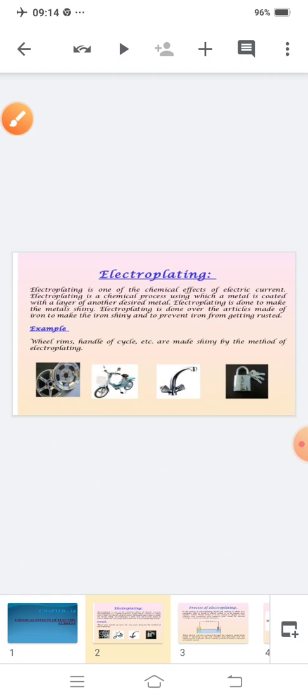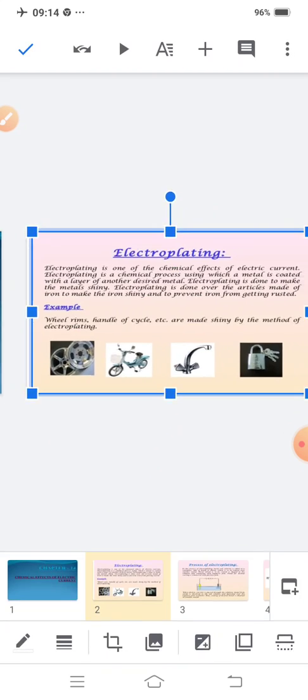It is a method of coating the metal surface of an article with a thin layer of superior metal with the help of electric current.